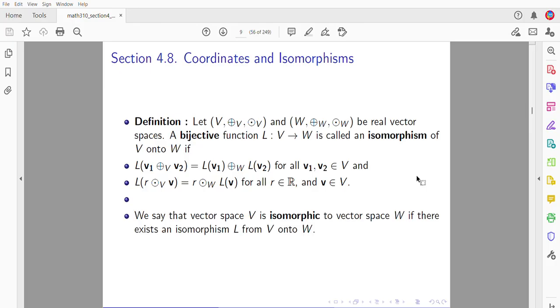We say that the vector space V is isomorphic to vector space W if there exists an isomorphism L from V onto W. If you can find a bijective function from V to W such that it respects vector addition and it respects scalar multiplication, you say V is isomorphic to W.